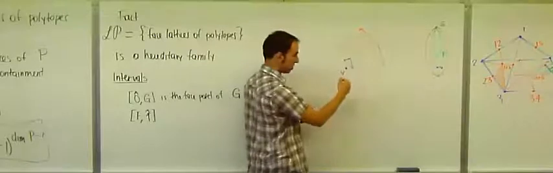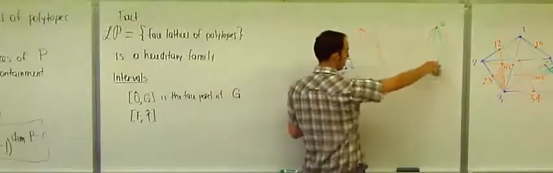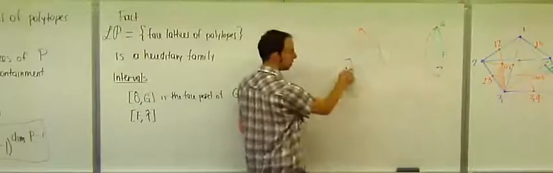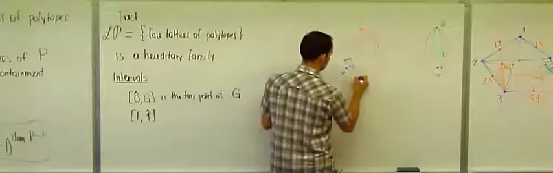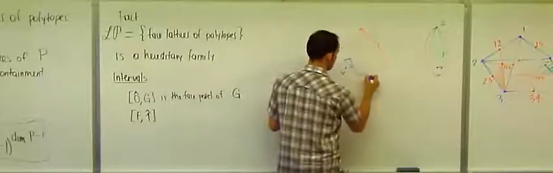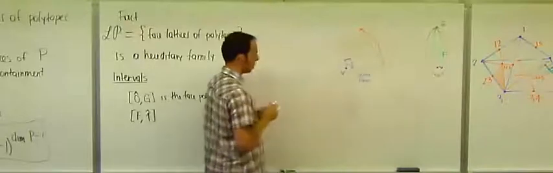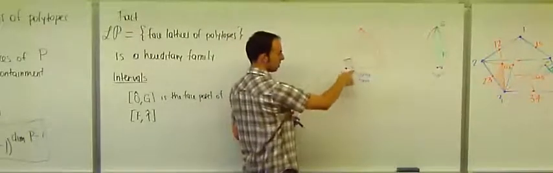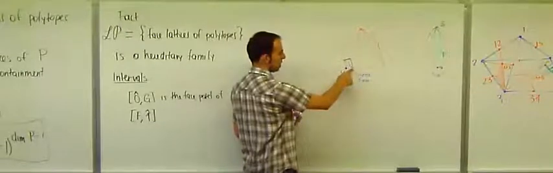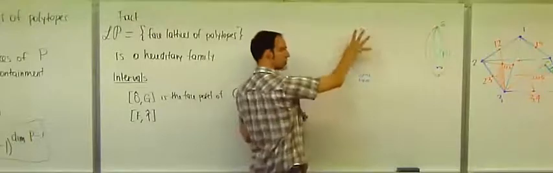And so my claim is that this blue thing is exactly the face poset of this little polytope, which is called the vertex figure. Where does the blue triangle face show up? What about the full face here of the blue triangle? Well, that corresponds to, looking out of V, the whole polytope.